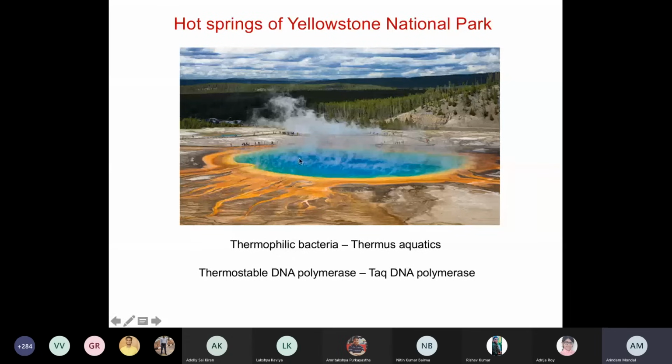You see, the water inside these basins is always boiling, and you see this nice yellow to orange color surrounding these basins. These are due to different kinds of bacteria which reside within these basins. And these bacteria are basically thermophilic bacteria, or heat-loving bacteria.